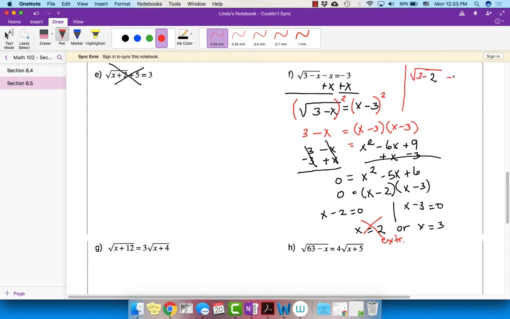If I put a 2 here, I would have it equal to negative 3. So when I have 3 minus 2, which is 1, the square root of 1 is 1, and 1 minus 2 equals negative 1. Well, that still doesn't work because negative 1 is not equal to negative 3. So yes, that is still an extraneous solution.